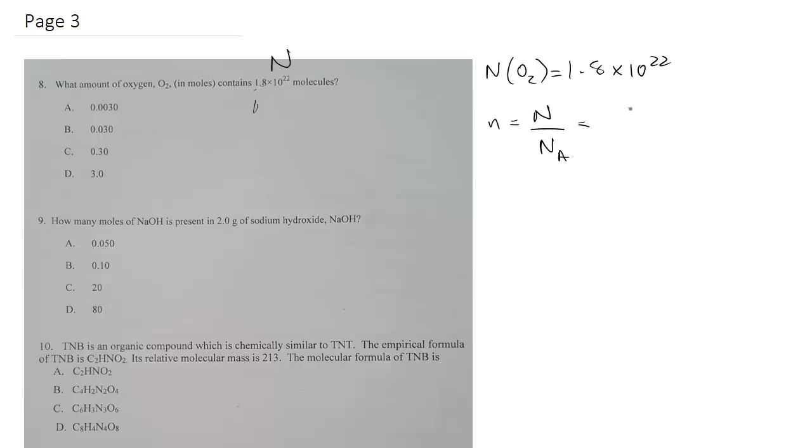So we take the number of oxygen particles and divide it by 6.02 times 10 to the 23. Now, make sure you have brackets around your answers when you put this into your calculator, otherwise it will give you a really weird number.